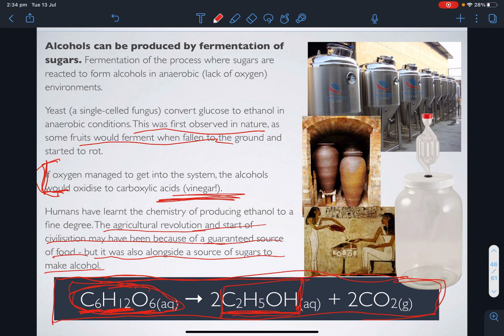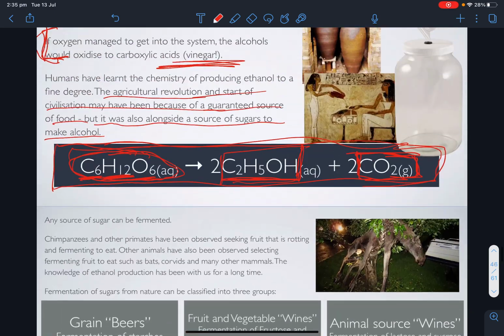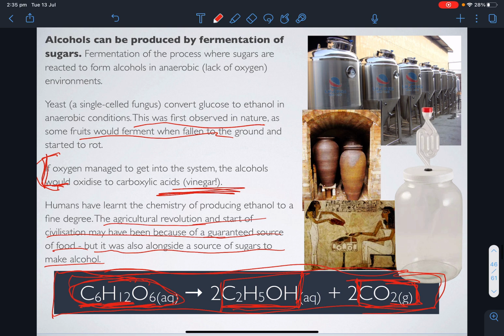And the byproduct of this process is carbon dioxide. It's a gas that's going to bubble out over time. These vessels need to be sealed against oxygen but able to let out carbon dioxide.